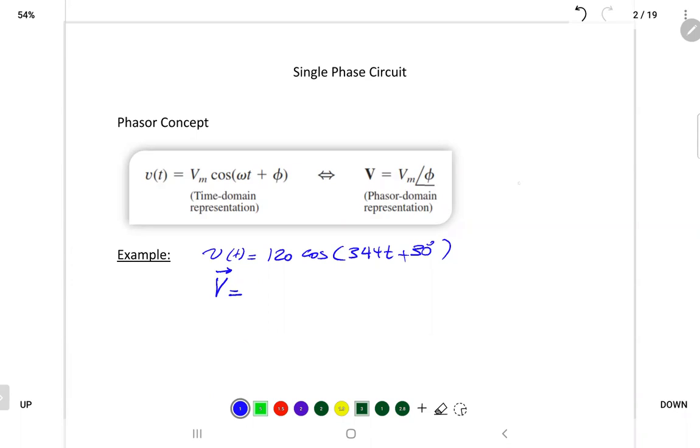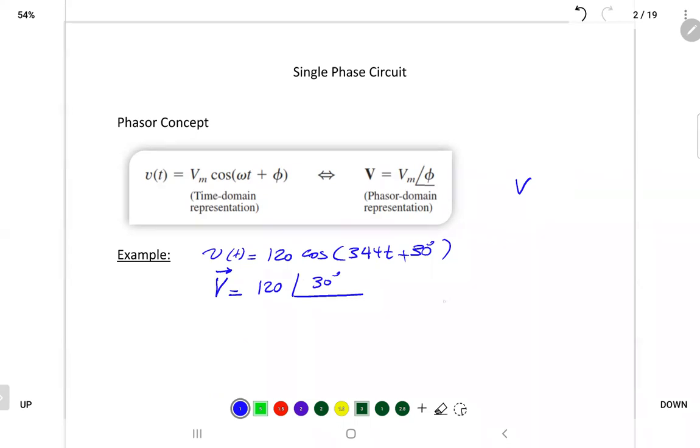The magnitude will be written just like that, not bold, nothing on top of the letter. The magnitude is 120, and cosine is taken as a reference, so the angle is equal to 30 degrees.